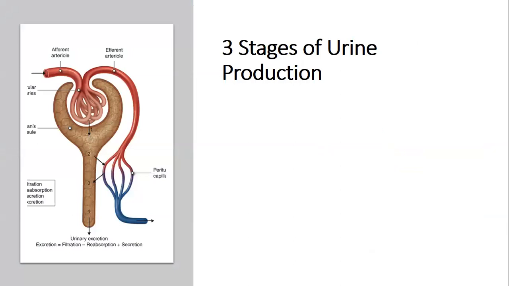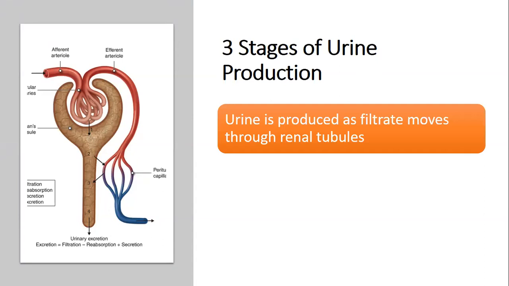Here are the stages of urine production: filtration, then reabsorption and secretion. Urine is produced as filtrate moves through the renal tubules.